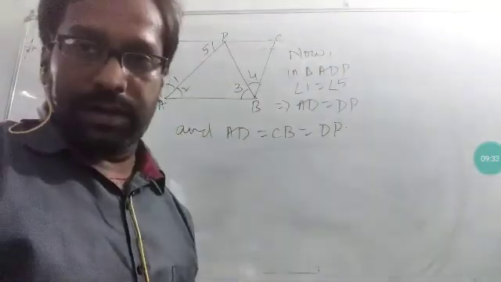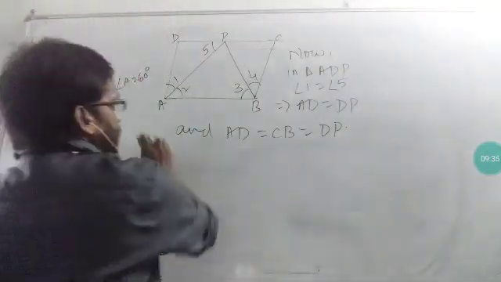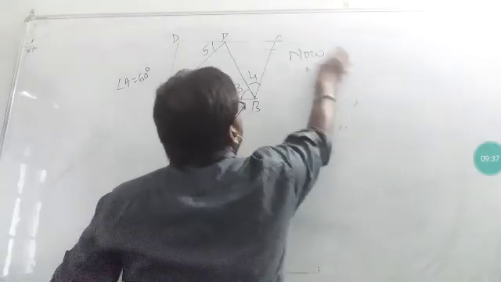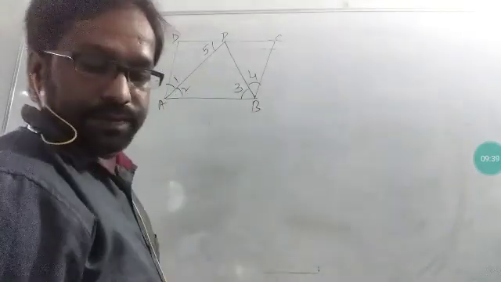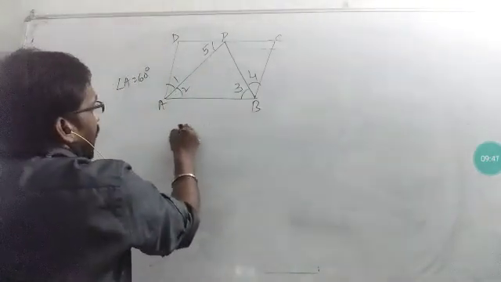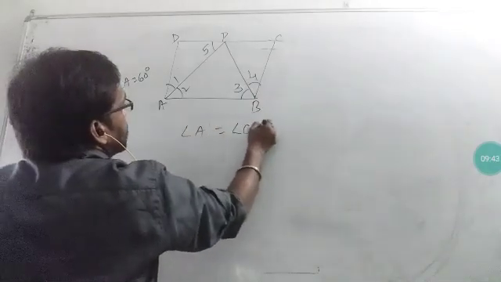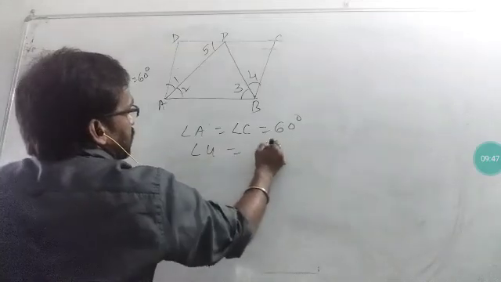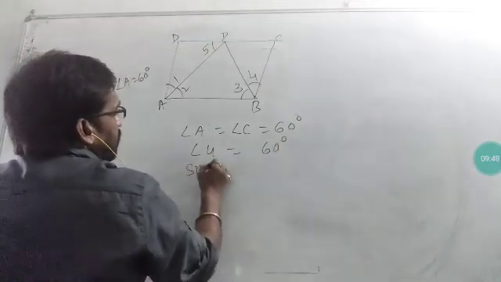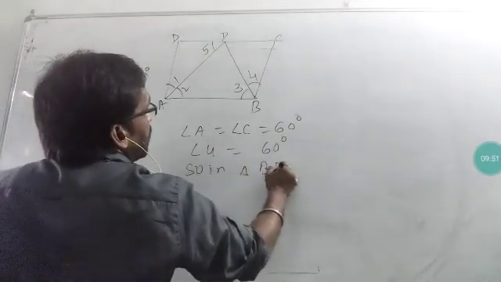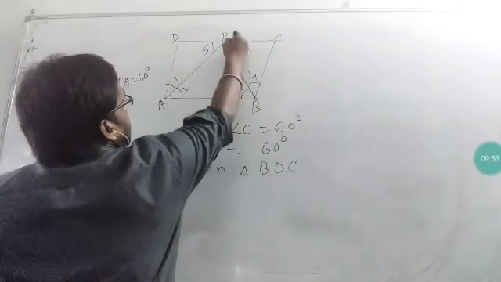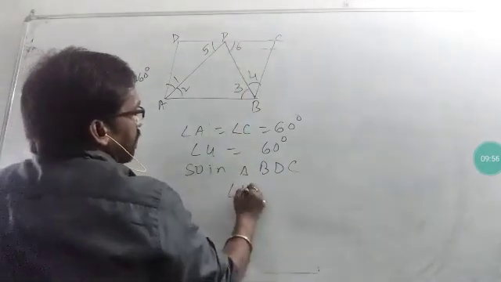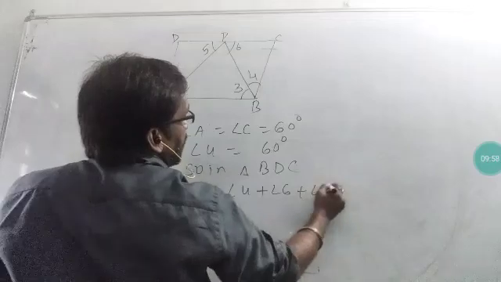Okay, now we were going to prove that PC is equal to PB. See here, in parallelogram ABCD, angle A is equal to angle C, equal to 60 degrees, and angle 4 is also 60 degrees, as we have just found.